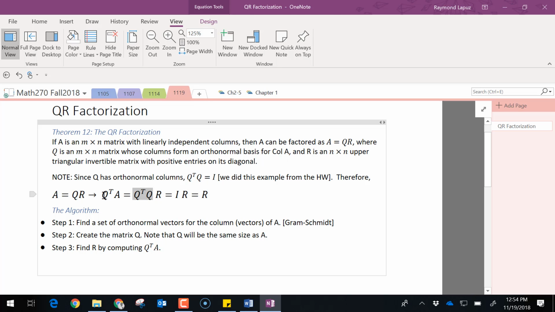And this is a way for us to find R. So the process for doing a QR factorization is first to find Q by doing the orthonormalization process, and then figure out what R is by doing a multiplication with Q transpose times A.